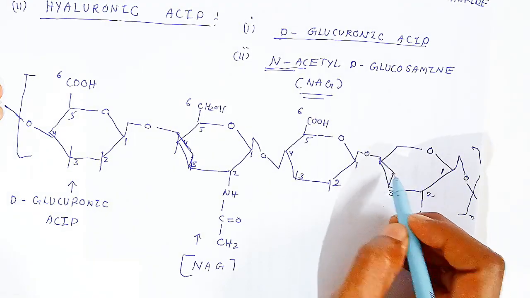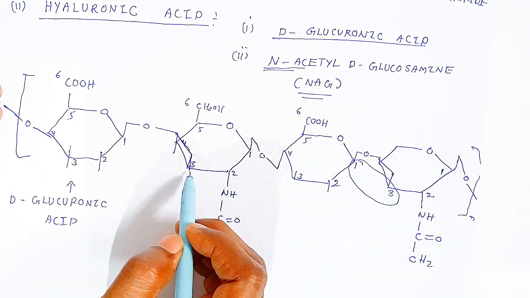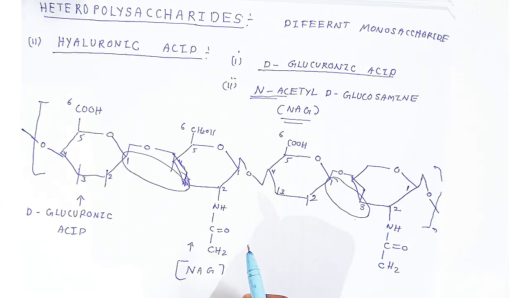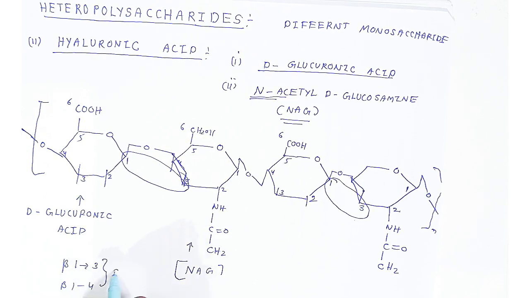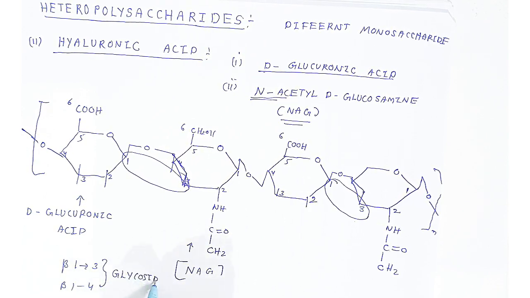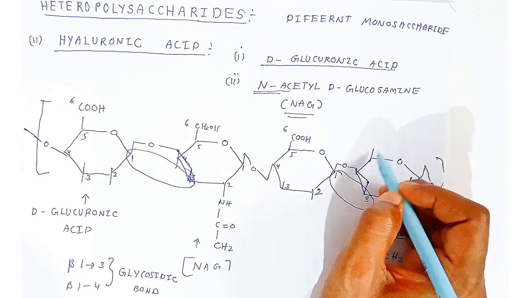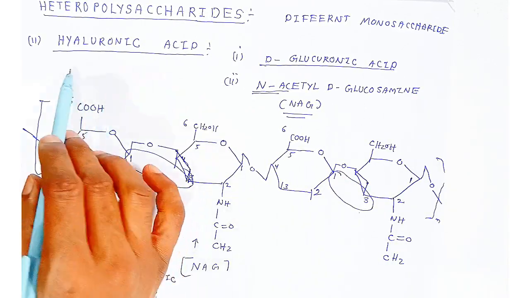Understanding? So carbons 1 and 3 are involved in bonding. So here two types of bonds are present, beta 1,3 glycosidic bond and beta 1,4 glycosidic bond. So this will be the structure of the hyaluronic acid. Understanding students? So this way I have drawn the structure of hyaluronic acid.